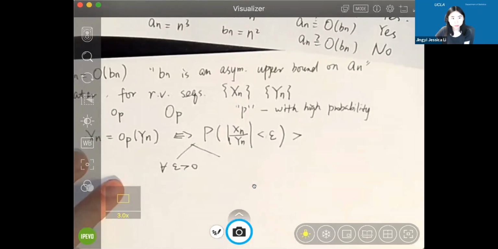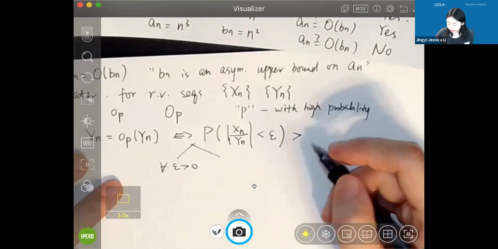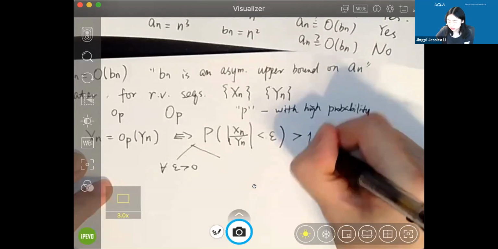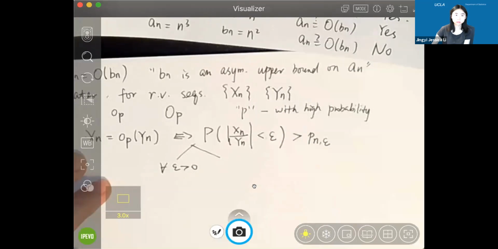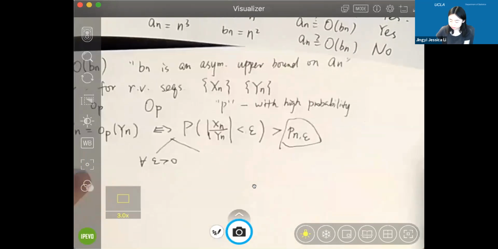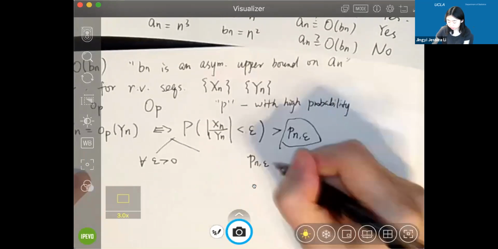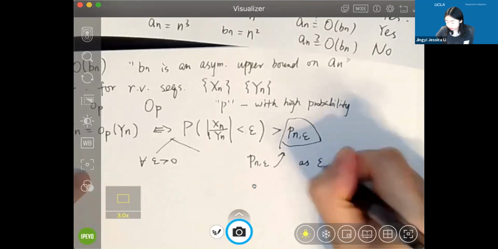And this high probability will be some value that depends on, let me write it here, I'll use lower p, depends on n and depends on epsilon. Okay, so basically what we need for this term is that we want p to increase as epsilon decreases.